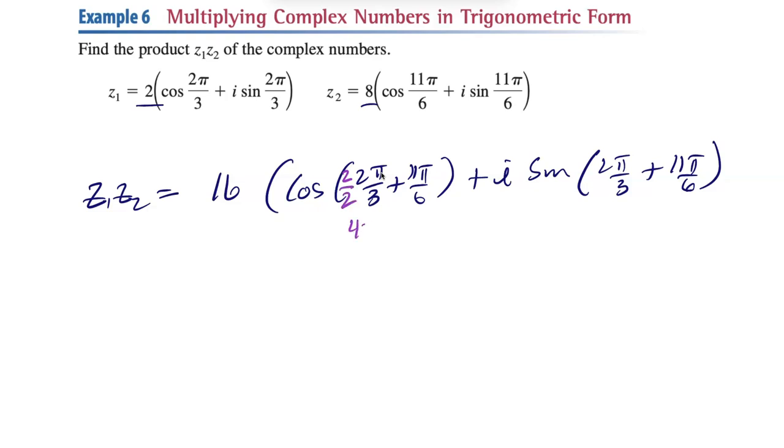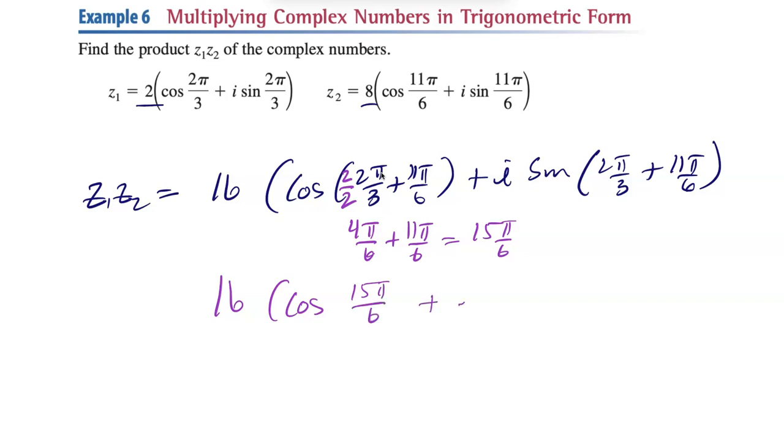So we get 4 pi over 6 plus 11 pi over 6, which gets me 15 pi over 6. So let's rewrite this. Cosine of 15 pi over 6 plus i sine of 15 pi over 6. I don't think we need parentheses here.